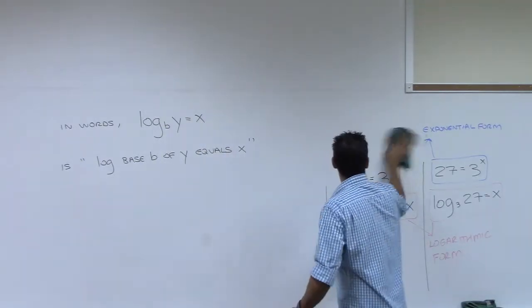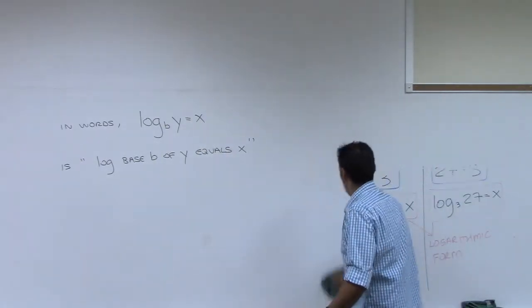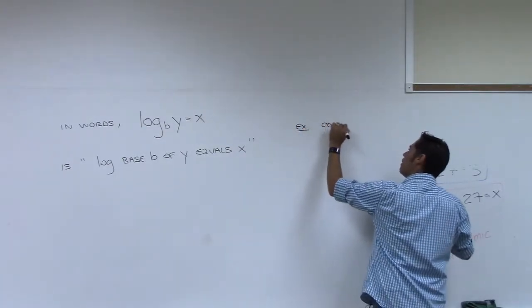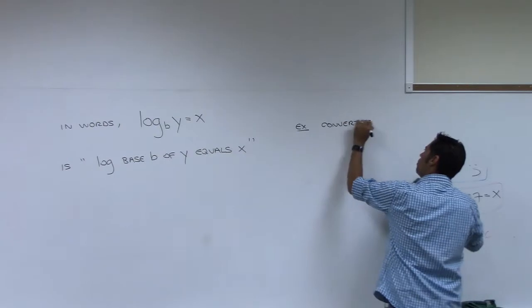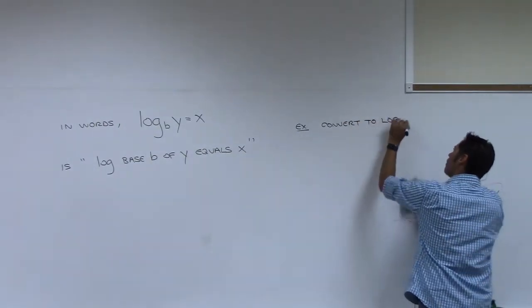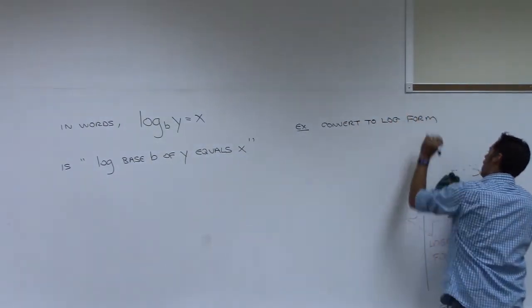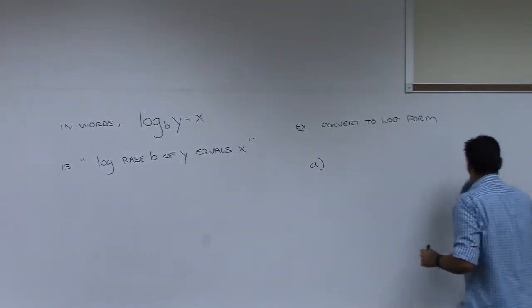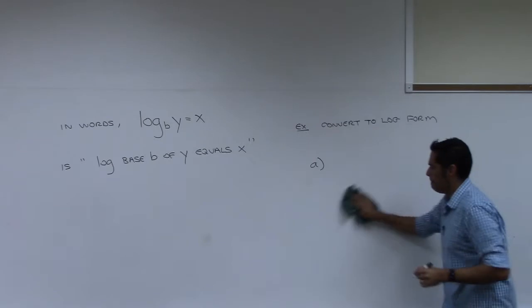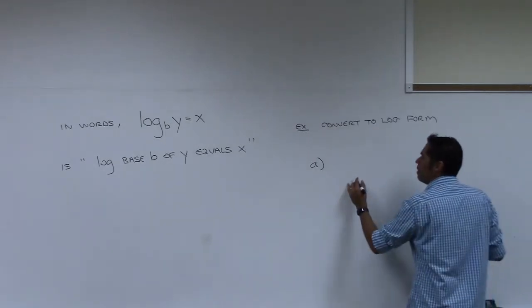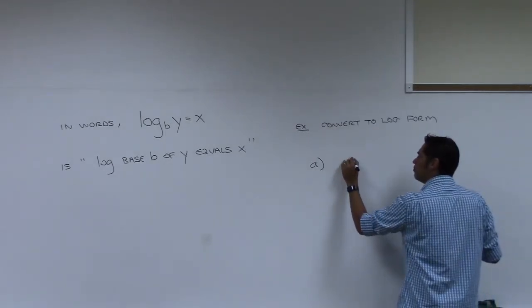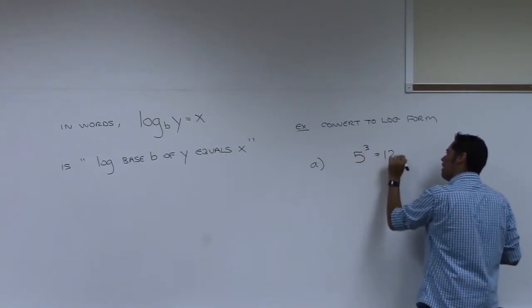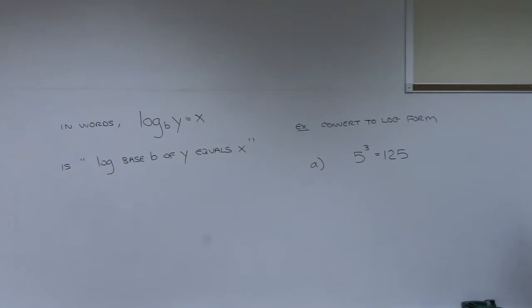So now some examples, let's convert to log form. Let's do part A. How about 5 to the third equals 125? Convert that to logarithmic form.